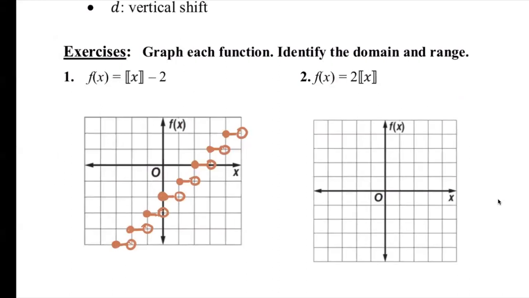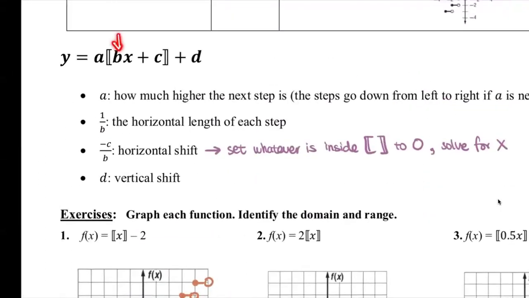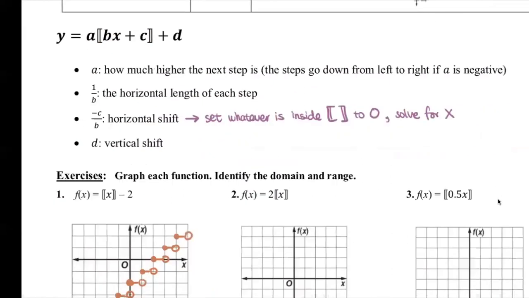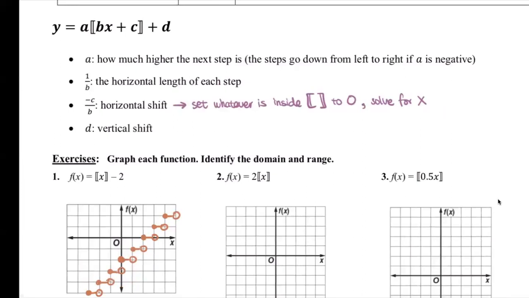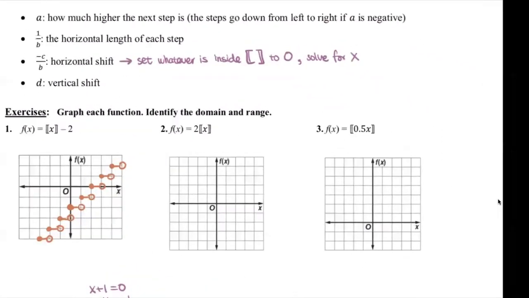All right, let's try our next one. Let's do the multiplication inside the function. Once again, if it's inside the function, it's going to be horizontal. All right, there's going to be a horizontal change. So this 1 over b, so the reciprocal of that, is going to be the horizontal length of each step. Okay, so let me go to example 3 for this one.